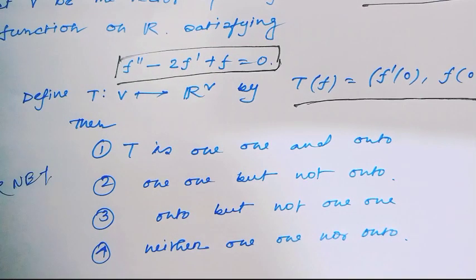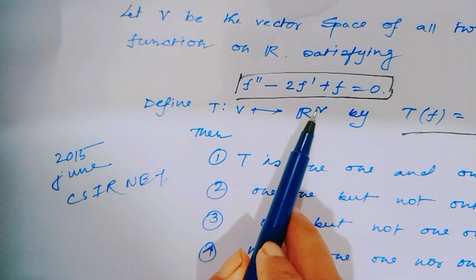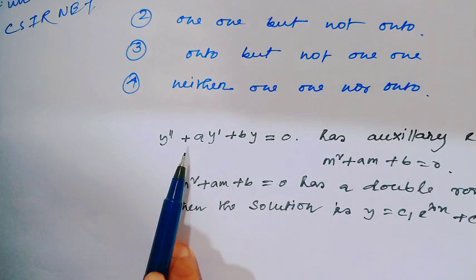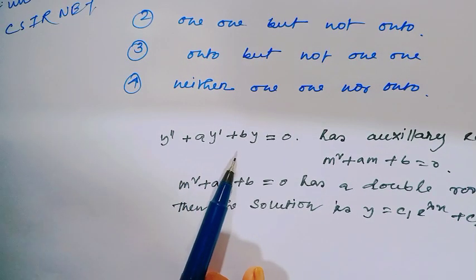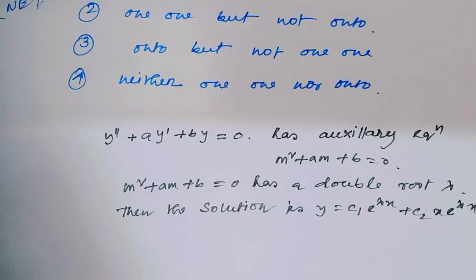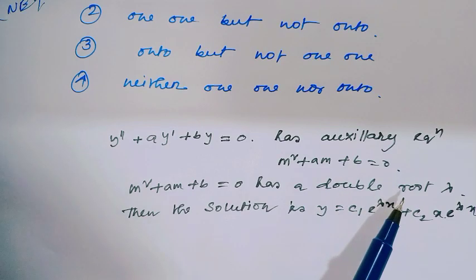This is a very basic question. The equation f double prime minus 2f prime plus f equals 0 looks like the differential equation y double prime plus ay prime plus by equals 0, which has an auxiliary equation m squared plus am plus b equals 0.